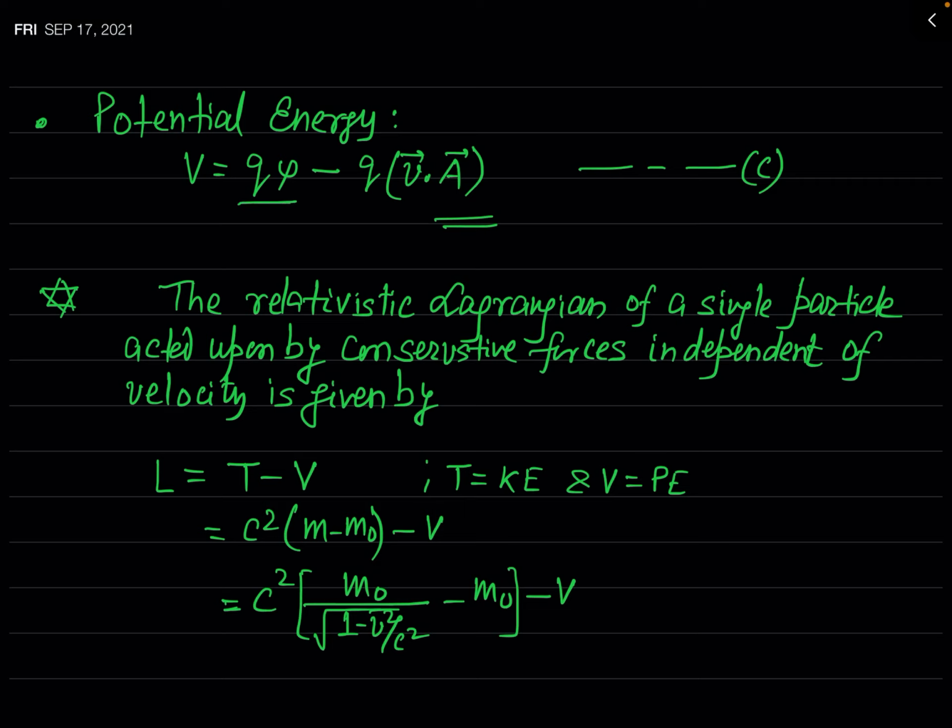But if the field is not electrostatic but electromagnetic, then the potential energy of the particle is equal to q phi minus q v dot A. So these are the important results which we obtained in the first lecture on this subject.